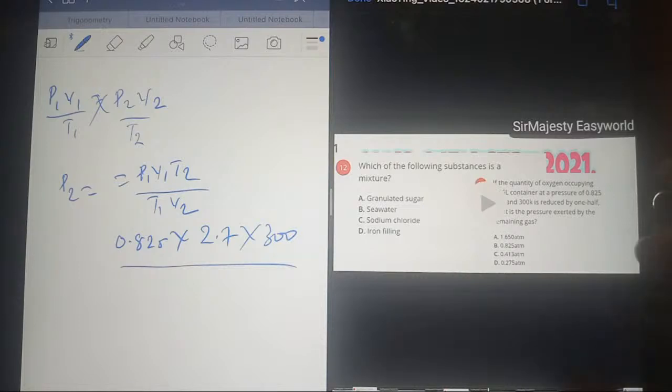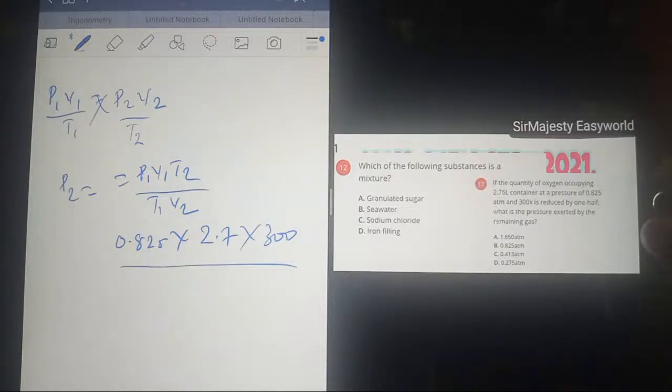What's happening here? What's our T2? Liter reduced by 1/2. What is the pressure exerted? I can't see the second temperature here.